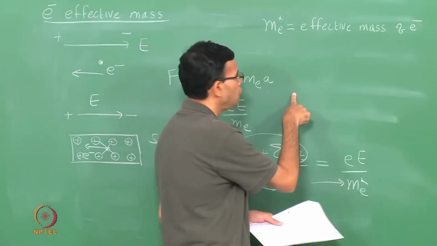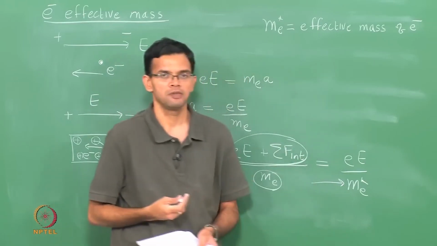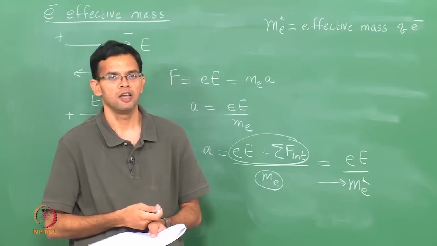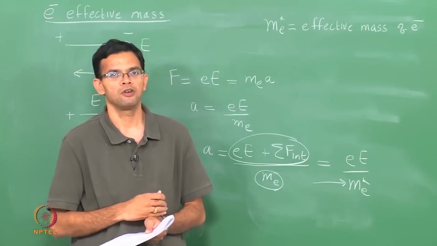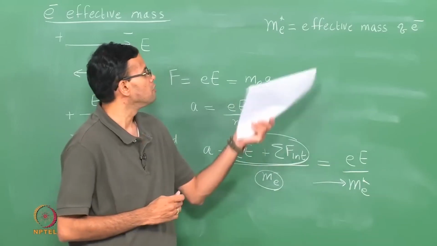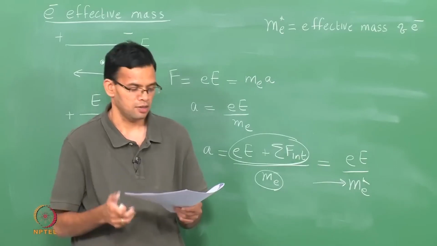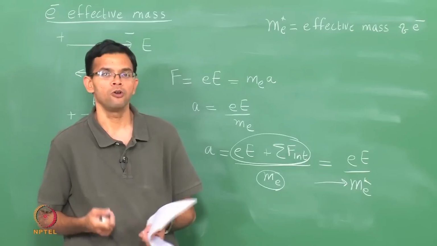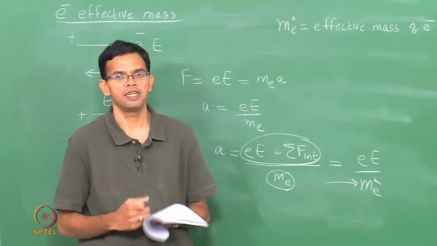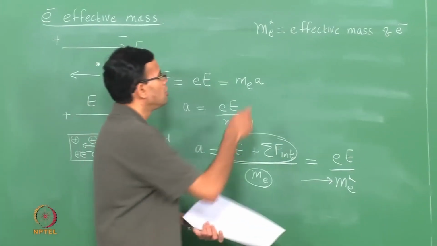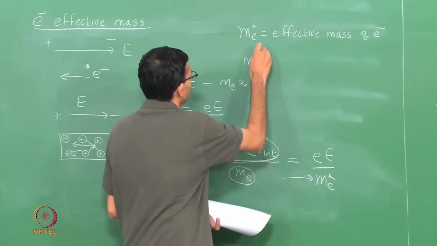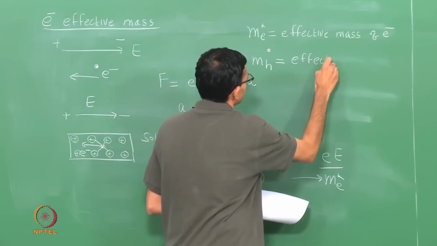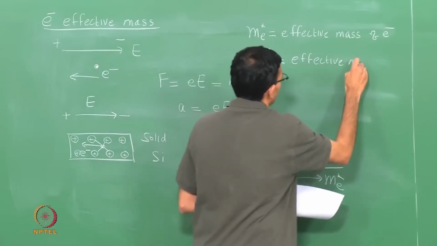It is important to note that there is no change in the actual mass of the electron, right. We are not changing the mass, we are only replacing the effect of the solid by using another term called ME star. What is true for electrons is also true for holes, because a hole is nothing but an absence of an electron. So, we also have a term called MH star which we call the effective mass of the hole.